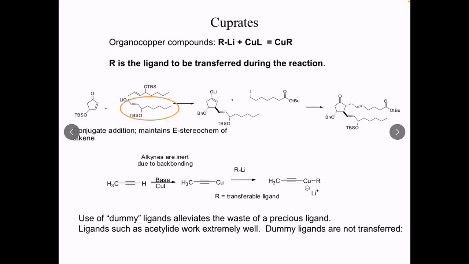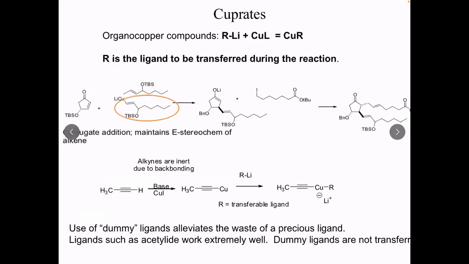So that alkyne binds really tightly to copper, and we call that a dummy ligand, right? It'll never get transferred because it's too tightly bound to copper to get transferred. So this is a way to avoid trashing one of your ligands that you synthesize.